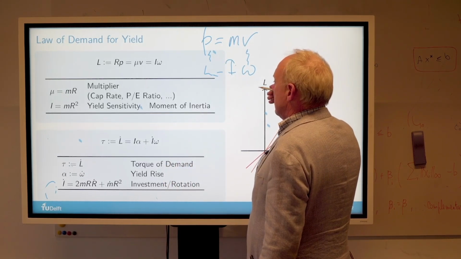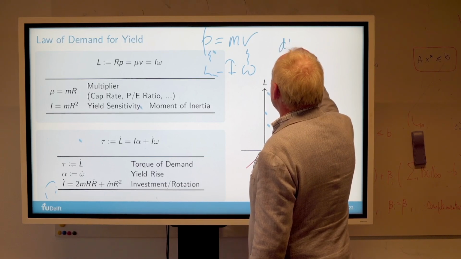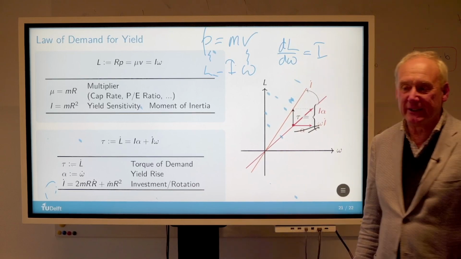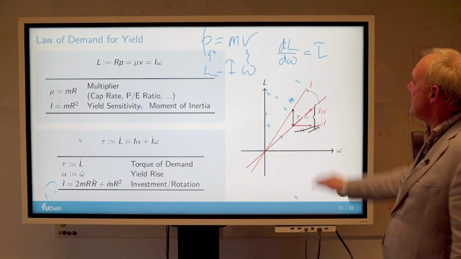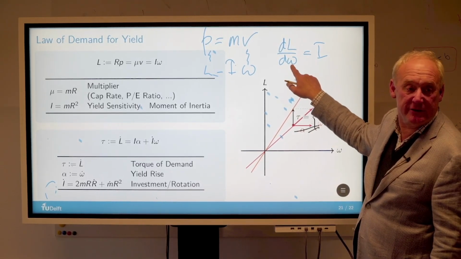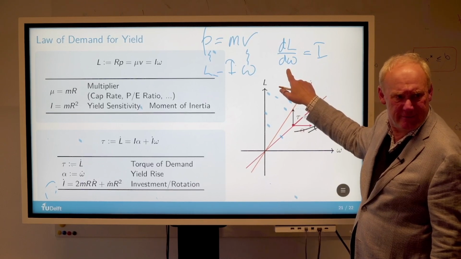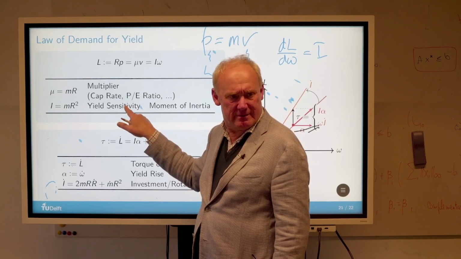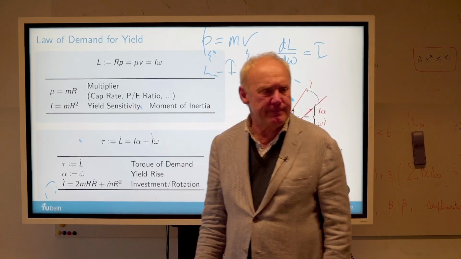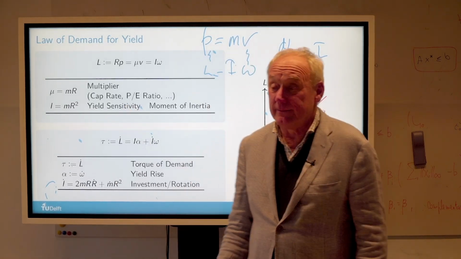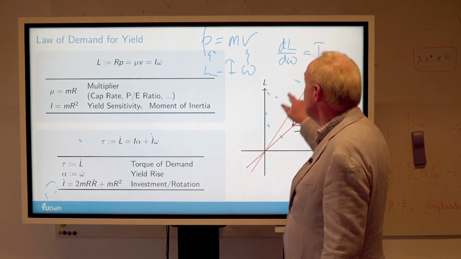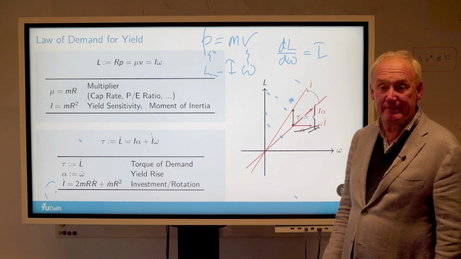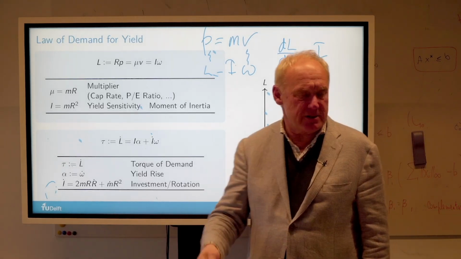So you can kind of see what this moment of inertia is, right? If I look at dL d omega, that is the moment of inertia. So it's the change in the price if I change the yield. That's called the yield sensitivity. You can see that makes a lot of sense. So how sensitive the price is to changes in the yield.